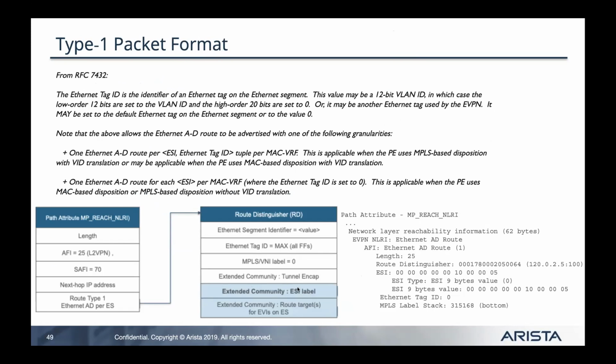Okay, so this is type 1. If you see here, there is no route target of the port channel. There is an extended community, but this route target is the VLAN-based route target, the RD/RT under router BGP, 200. This is the type 1 format.